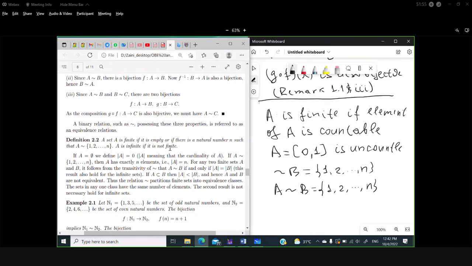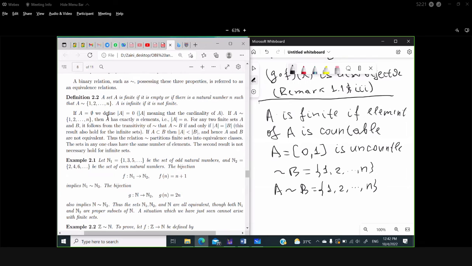A set A is finite if it is empty, or if there is a natural number n such that the elements of A can be counted by the natural numbers. So here you can see that if A is an empty set, then the cardinal number of A is 0.